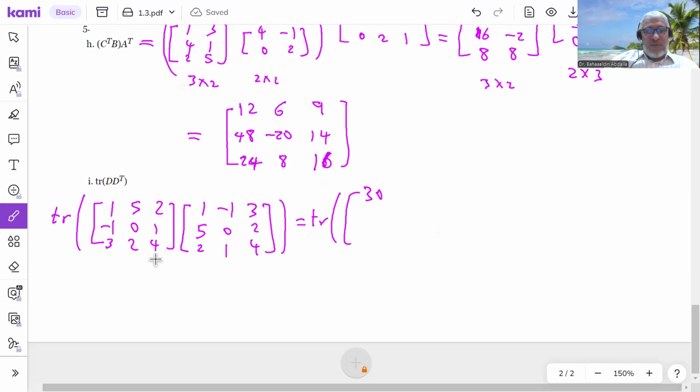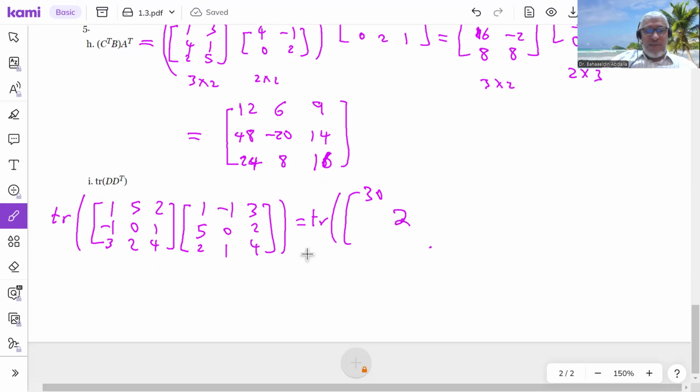So why should I multiply these two matrices? I need only these 3 numbers on the main diagonal. So I found this one, I need this one. How to find this number? It is in the second row, second column. So multiply the second row by the second column. Negative 1 times negative 1, 1 plus 0 plus 1. So this number is 2.